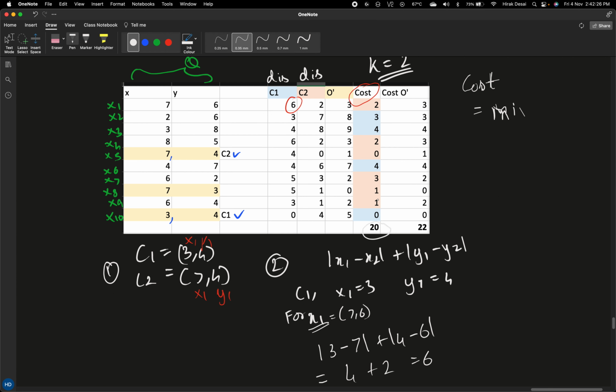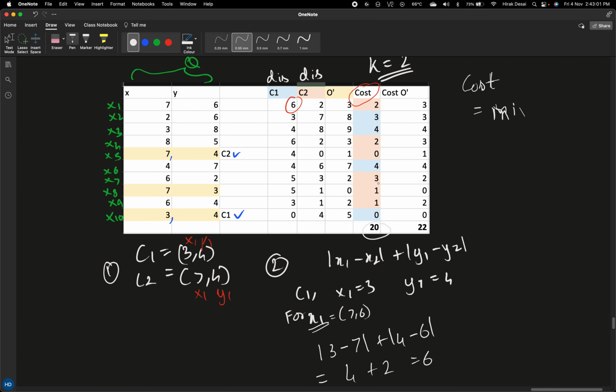After that, you check whether O dash is better, or you take a new medoid out of the remaining ones, the non-medoids. Take a new medoid. Let's say x8 we took as a medoid. Then you again calculate the cost, which would basically be this formula again on those: 7 minus 7 plus absolute of 3 minus 6.